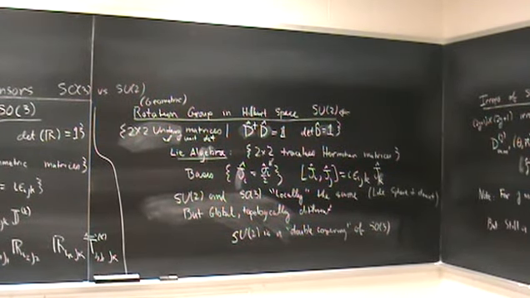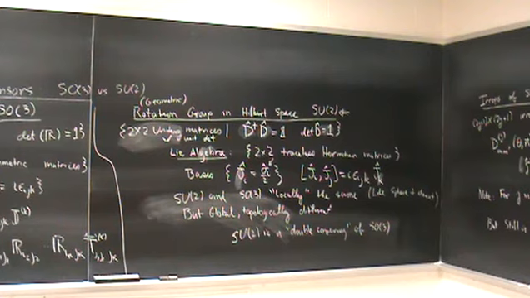What that means is that locally they look the same, but globally they're different. It's like the difference between a sphere and a donut. Locally, they're both two-dimensional manifolds that are flat.